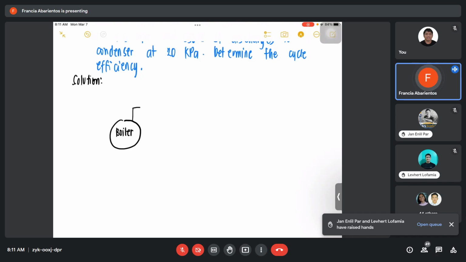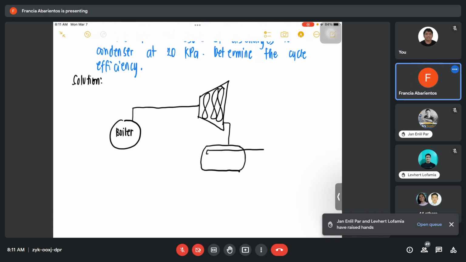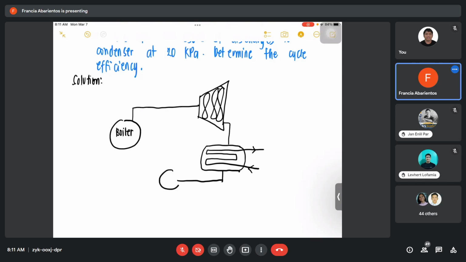Here the boiler, the turbine, so close the condenser, after that the pump.